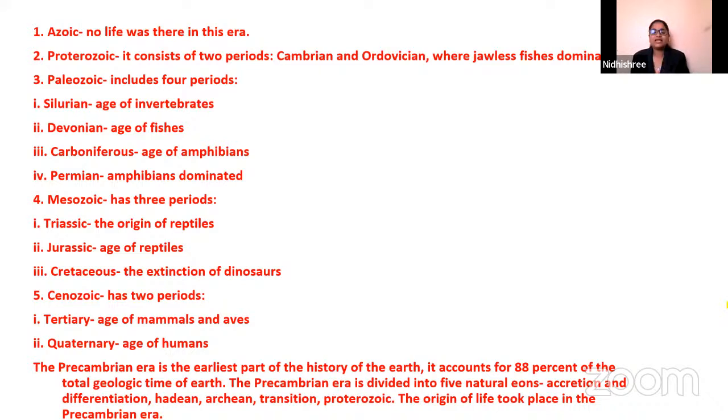That is why the Precambrian era is divided into 5 natural eons: accretion and differentiation, Hadean, Archean, Transition, Proterozoic. The origin of life took place in the Precambrian era. I repeat, the origin of life took place in the Precambrian era, because there was 88% of total geologic time.